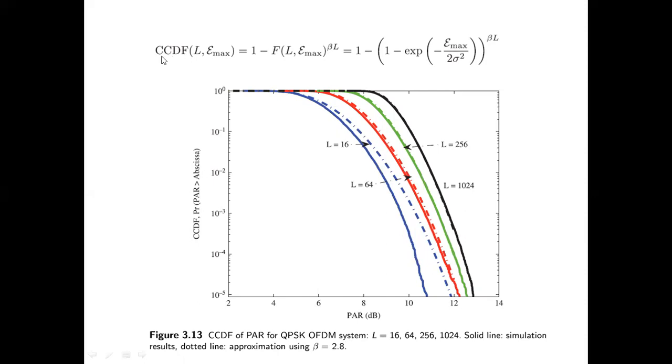CCDF, complementary cumulative distribution function. We have PDFs, probability distribution functions. If you go on accumulating them, you get a CDF, cumulative distribution function. 1 minus CDF gives you the CCDF.